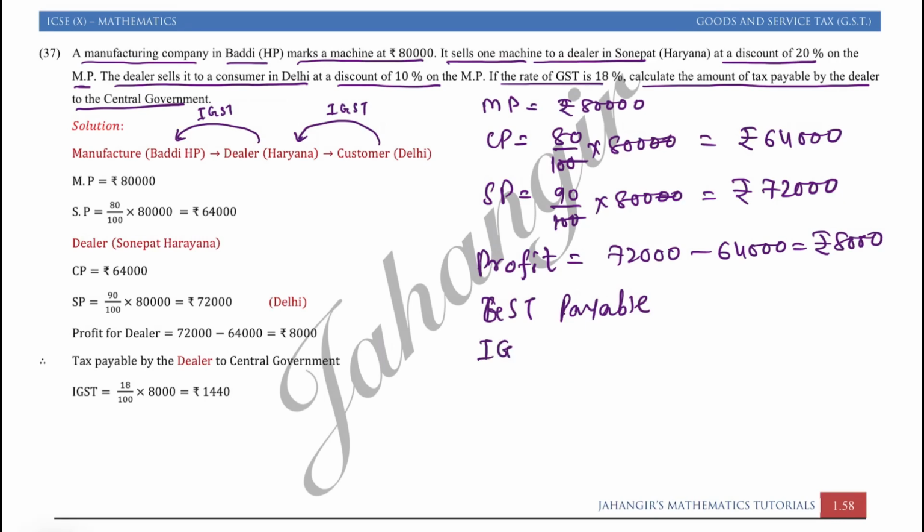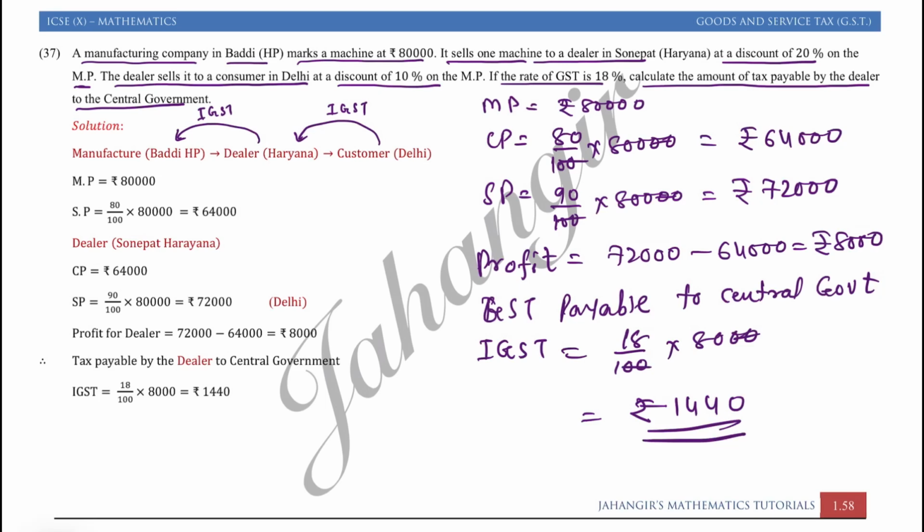So IGST is 18% of 8,000, rupees 1440. This is the amount paid by the dealer in Haryana to the central government.